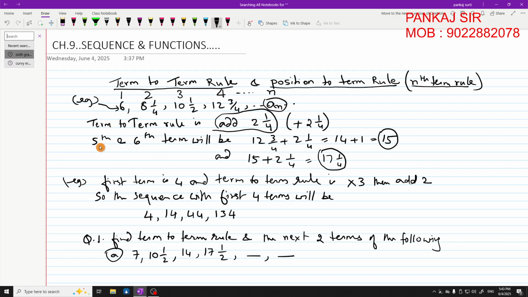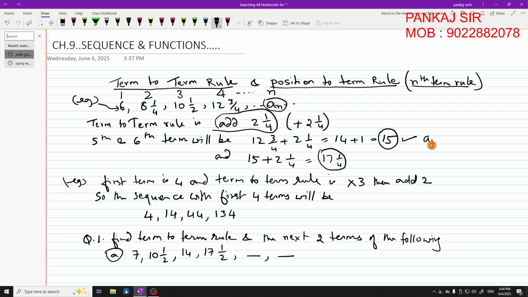Now in this way, what will be the fifth and the sixth term? So first term is 6, second term is 8 1/4, third term is 10 1/2, fourth term is 12 3/4. Now what will be the fifth and the sixth term? Obviously the fifth term will be 12 3/4 plus 2 1/4. So when you do that, 12 3/4 plus 2 1/4, you get the answer as 15. So this 15 is your fifth term.